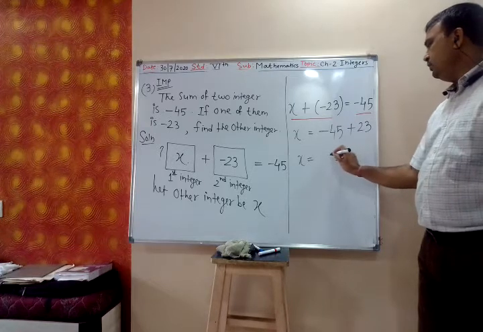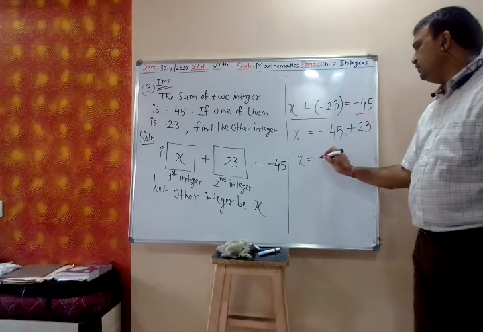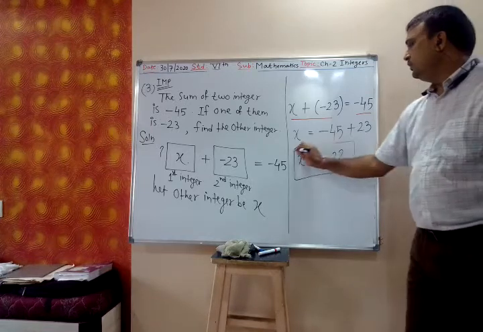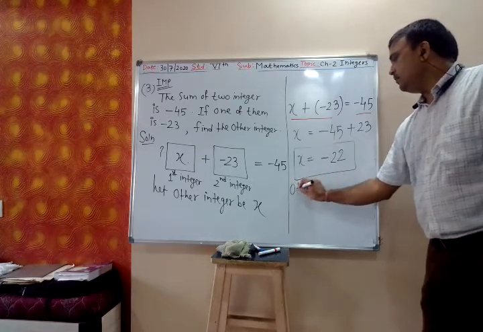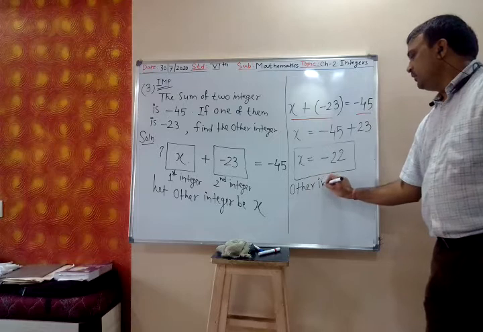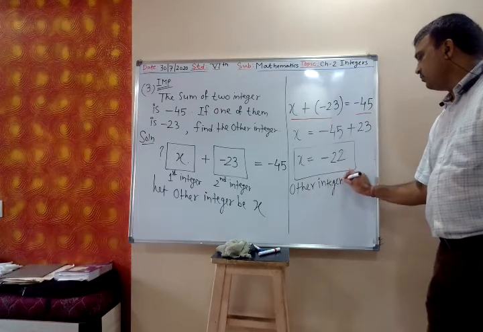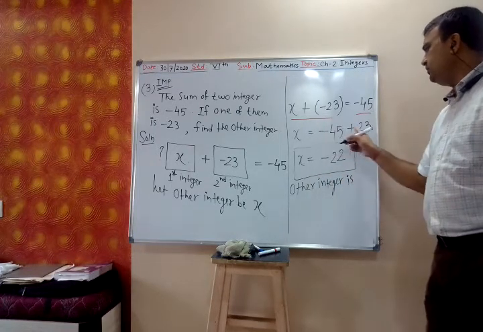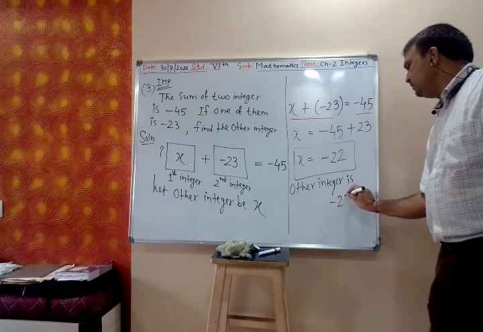So it is minus 22. So x is minus 22. So we write the other integer is minus 22. Minus 45 plus 23 is minus 22.